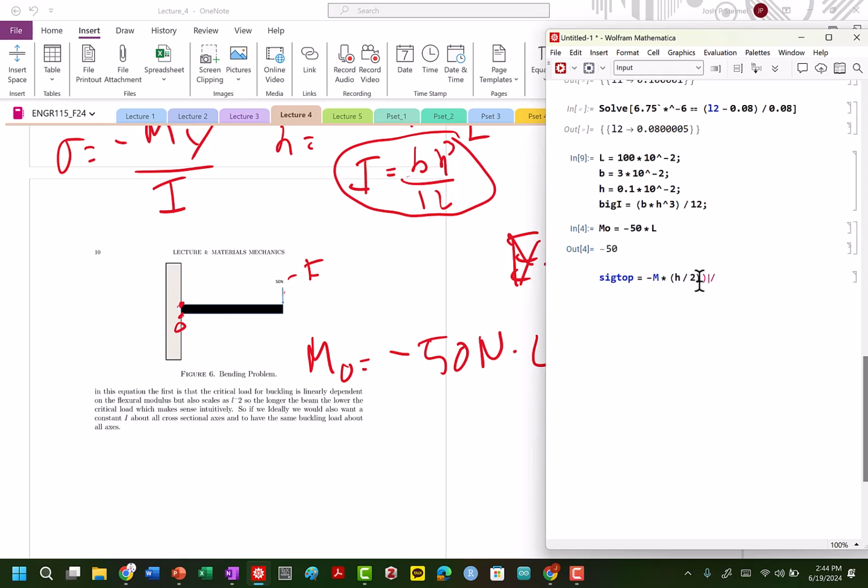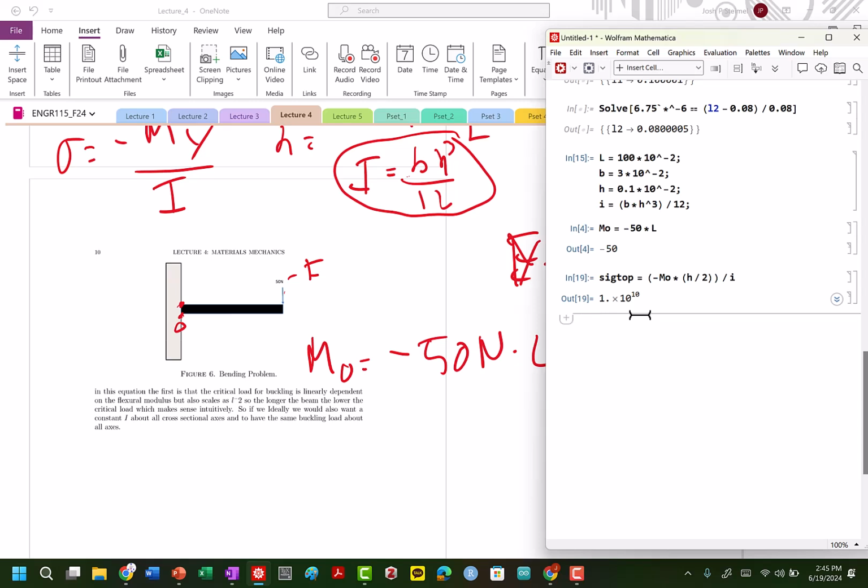So it's minus M times h over 2, divided by I. Or we could just leave it as little i. Let's leave it as little i. That's not great notation either. So it's going to be positive.